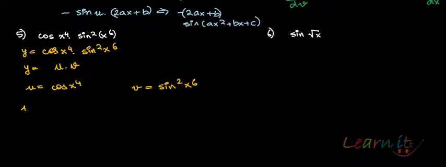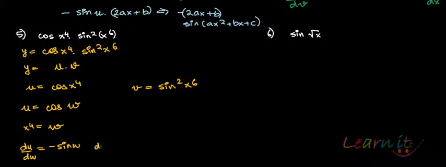Now here you can assume that x to the power 4 is equal to w. So you can find du by dw as minus sine w and dw by dx as 4x cube.